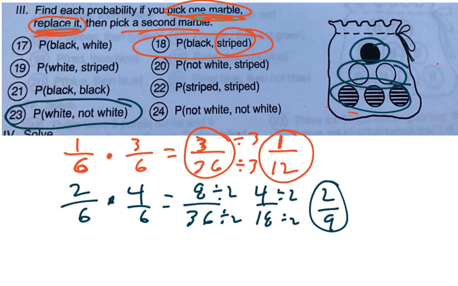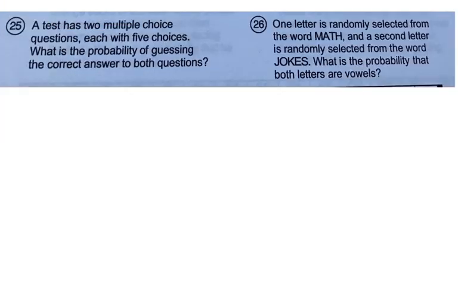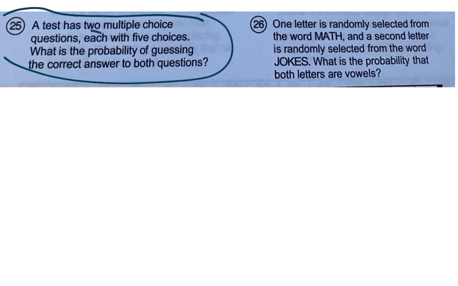Let's just do one more to end the video. Here we go. Let's do the multiple choice question right here, number 25. We have a test that has 2 multiple choice questions, each with 5 choices. What is the probability of guessing the correct answer to both?